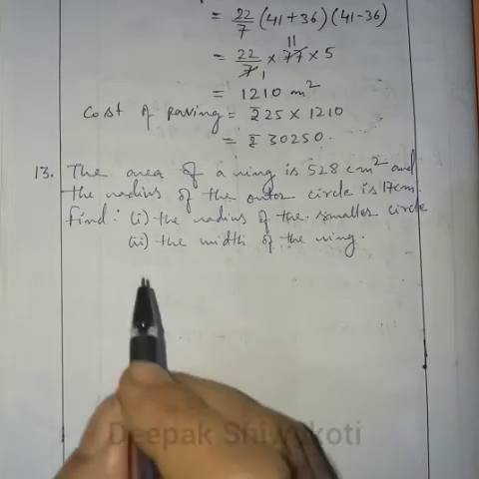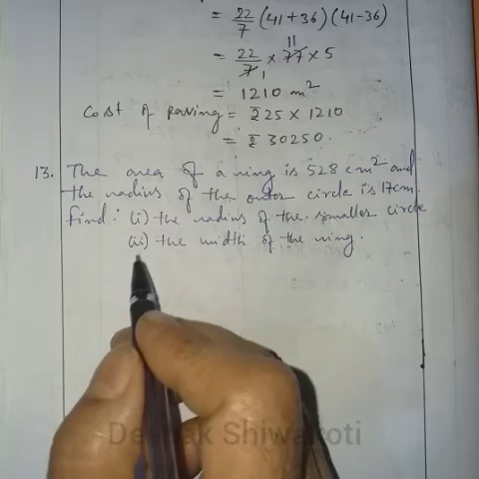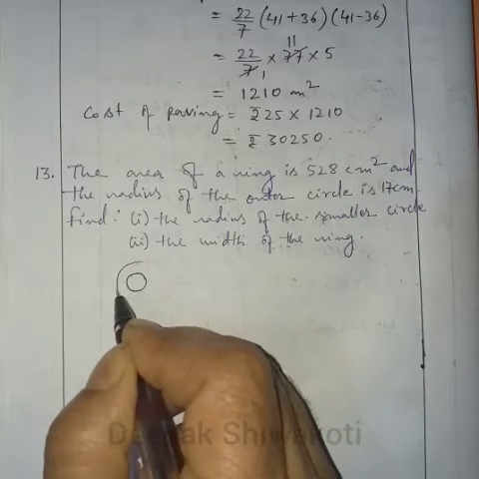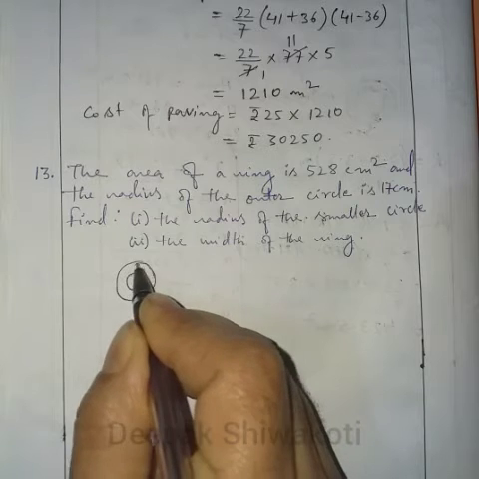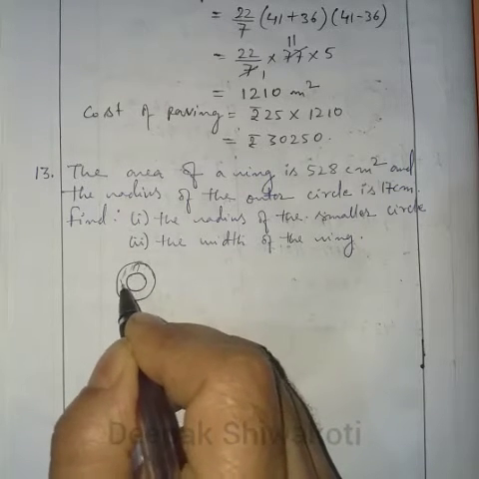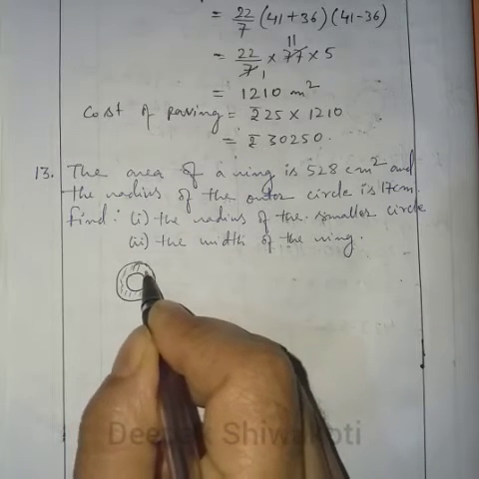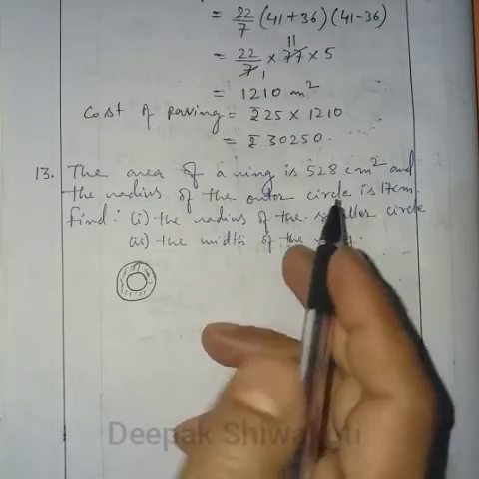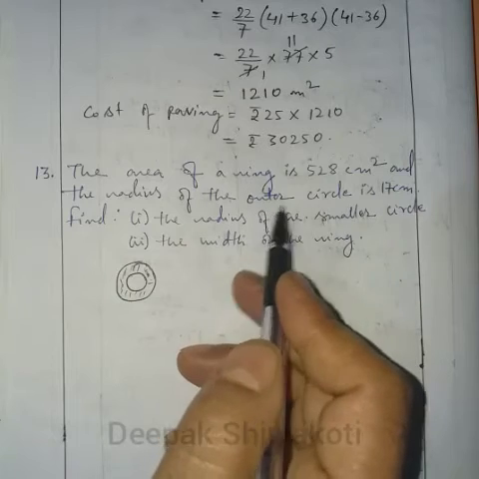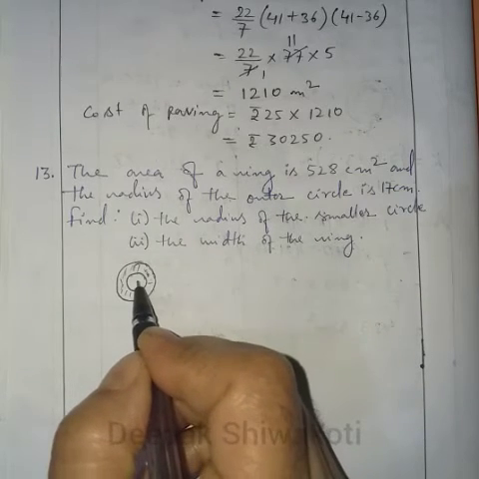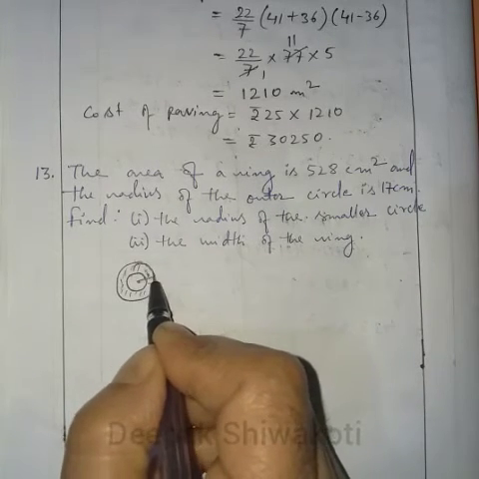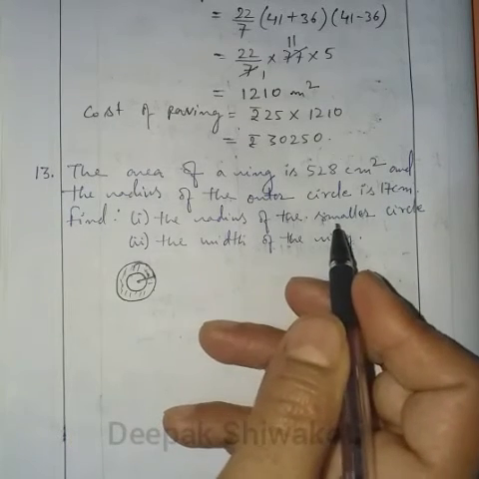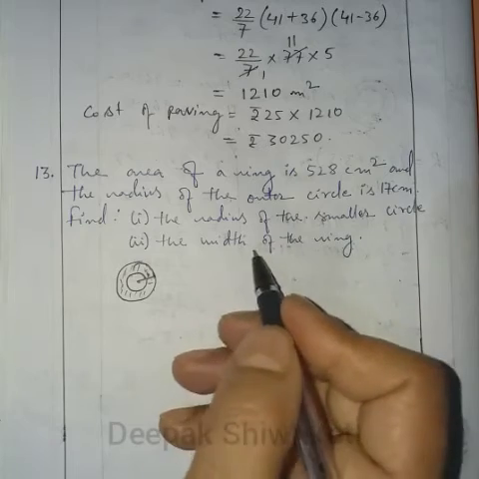So here the question is like this: area of a ring means this is the ring and this area is given as 528 centimeters square, and the radius of this outer circle is given as 17 centimeter, and we have to find the radius of the smaller circle and the width of the ring.